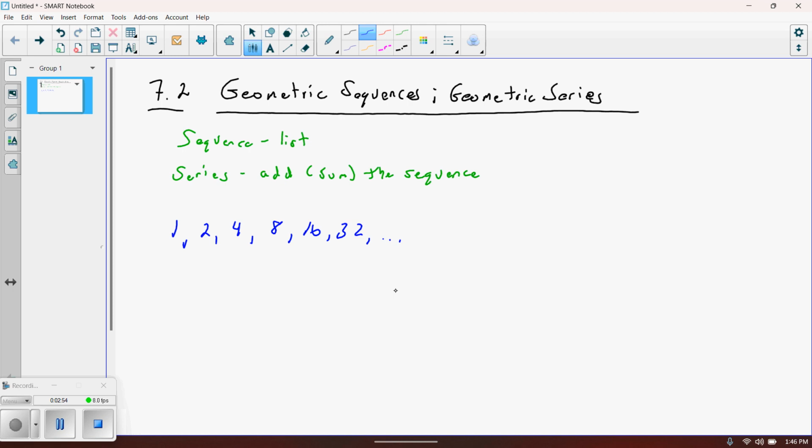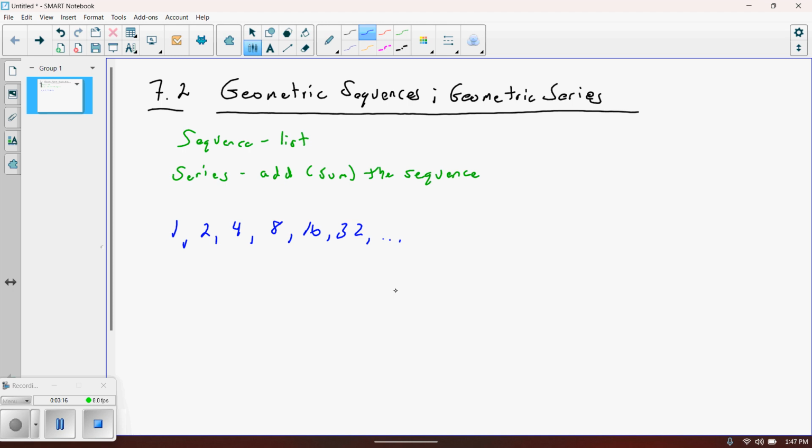What you should hopefully be able to see is, in order for me to get from 1 to 2 by multiplying a number, I would have to multiply 1 by 2. Then to get from 2 to 4, multiply it by 2. To get from 4 to 8, multiply it by 2. 8 to 16, multiply it by 2. So I'm multiplying by the same number every single time to get to the next term.